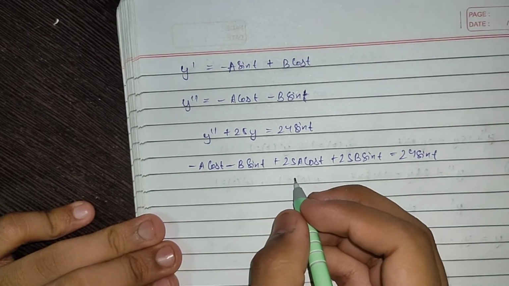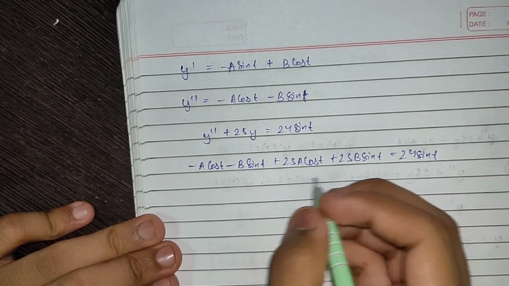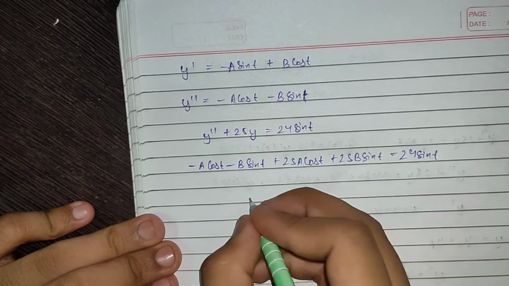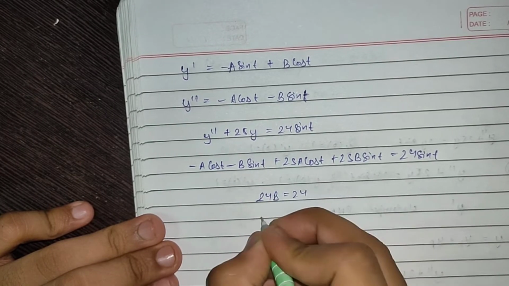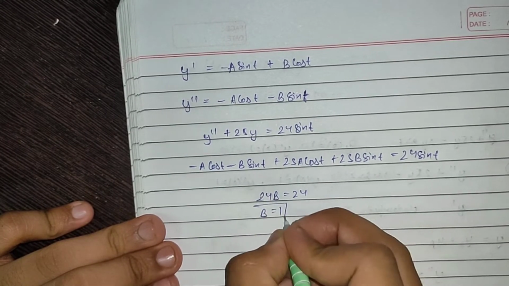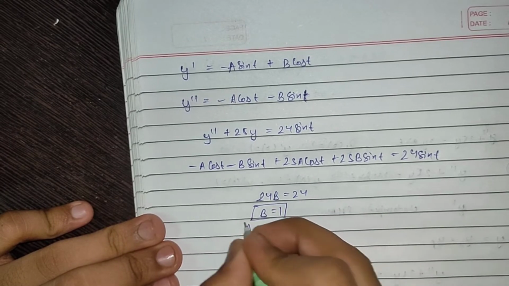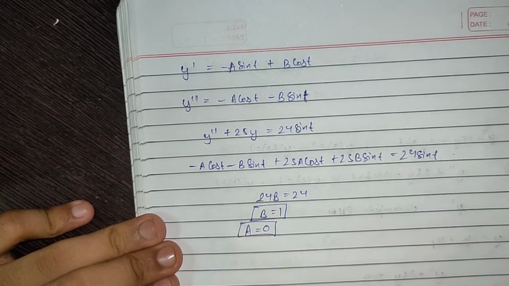So on comparing the coefficients of cos t and sin t, we'll get 24b is equal to 24, so b is equal to 1, and a will be 0 as there is no cos term on this side.